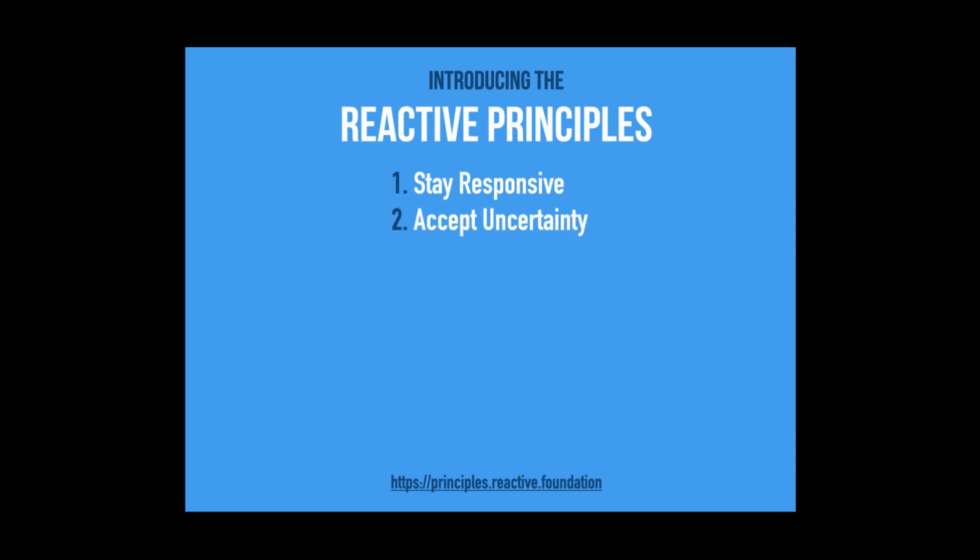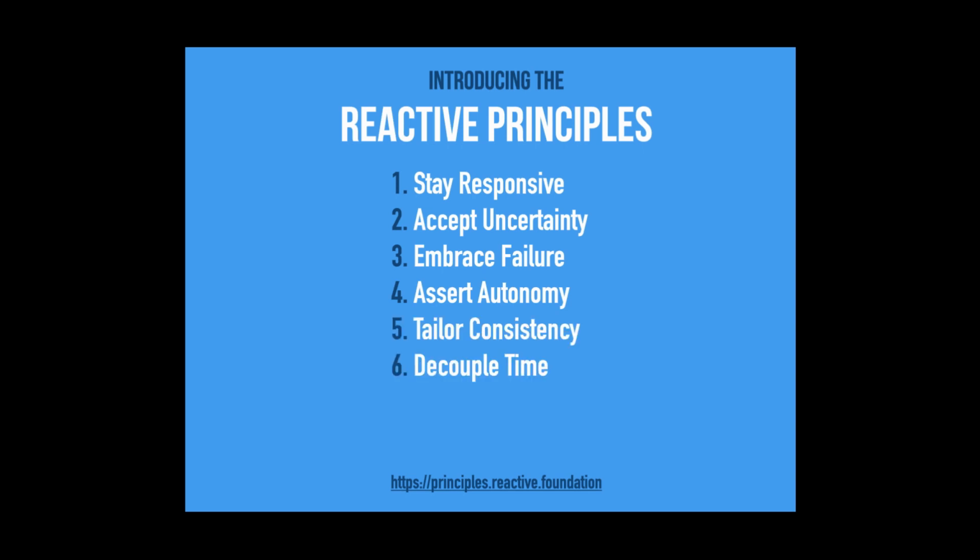They are: stay responsive, accept uncertainty, embrace failure, assert autonomy, tailor consistency, decouple time, decouple space, and handle dynamics. And if you want to read more, you should go to principles.reactive.foundation, where we have all of these written up in quite some depth.